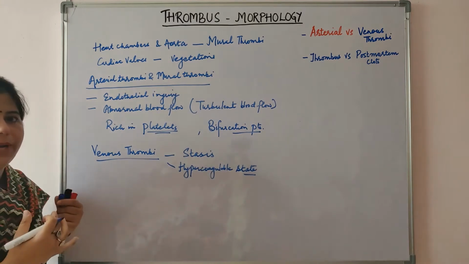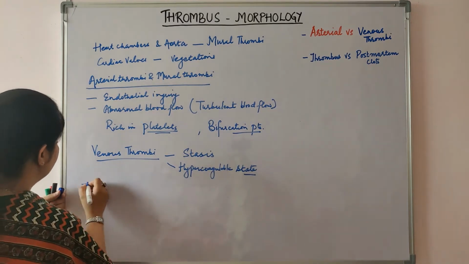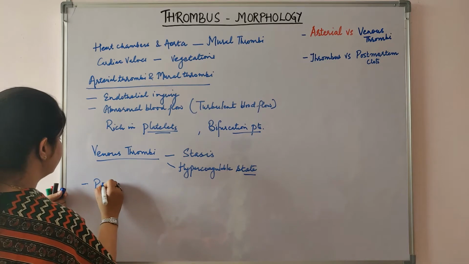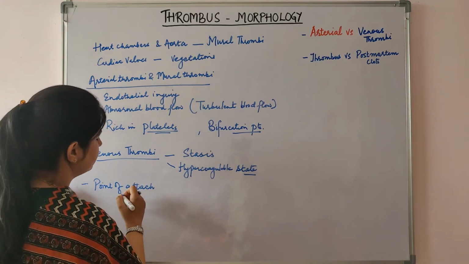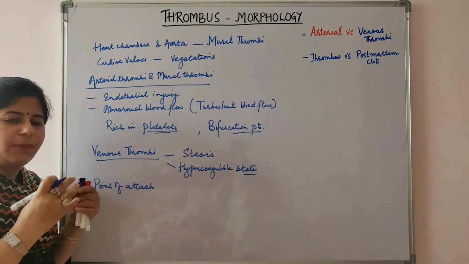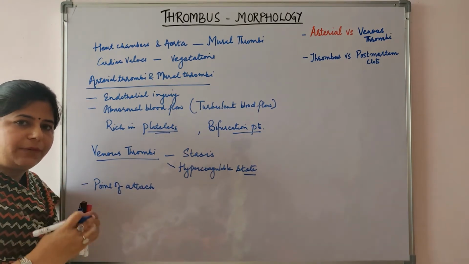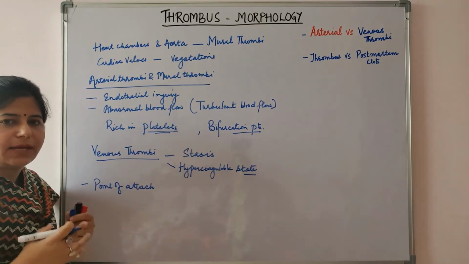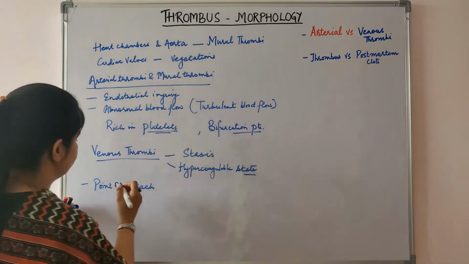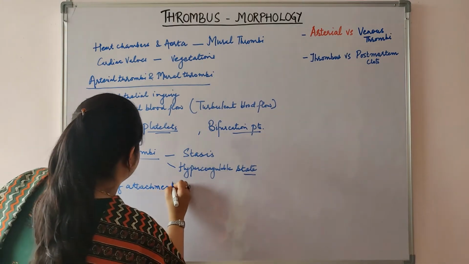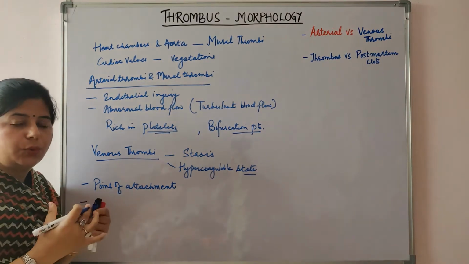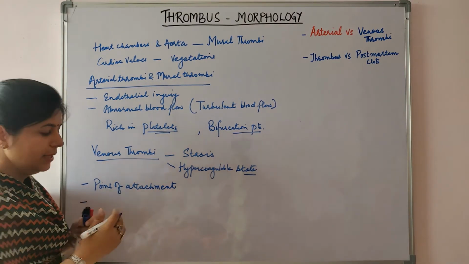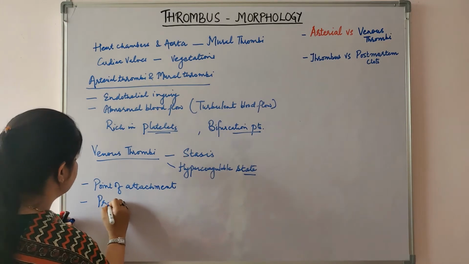Now these thrombi have a point of attachment to the vascular lumen. They are attached to the vascular lumen at a point, particularly the point where it has started to form, the point of initiation. And they tend to grow in size, or they tend to propagate.